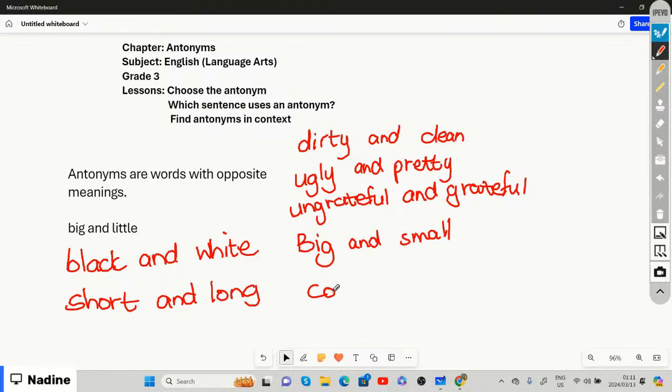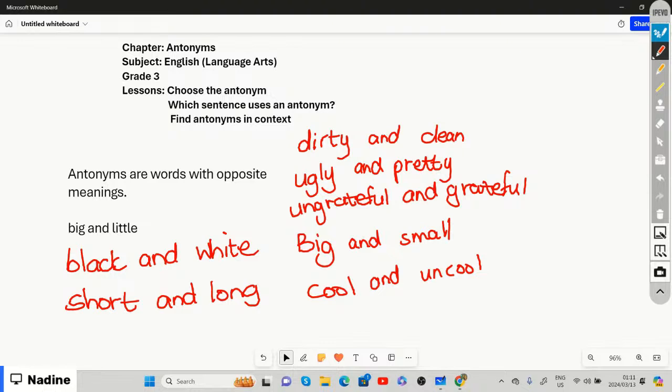Cool and uncool is also opposite, because that is how a person maybe is. You have a cool person, and then you have an uncool person, somebody who's not cool, right? So those are all antonyms.